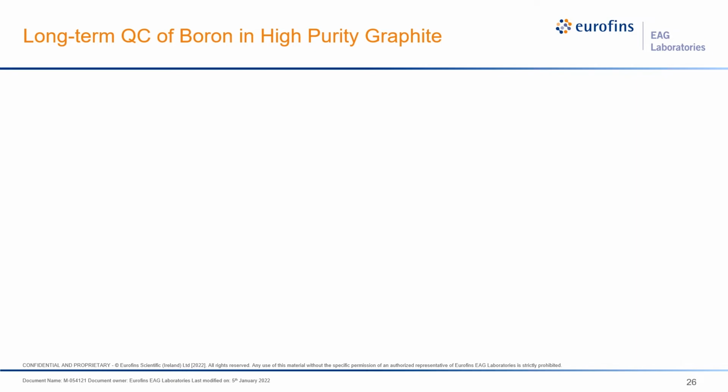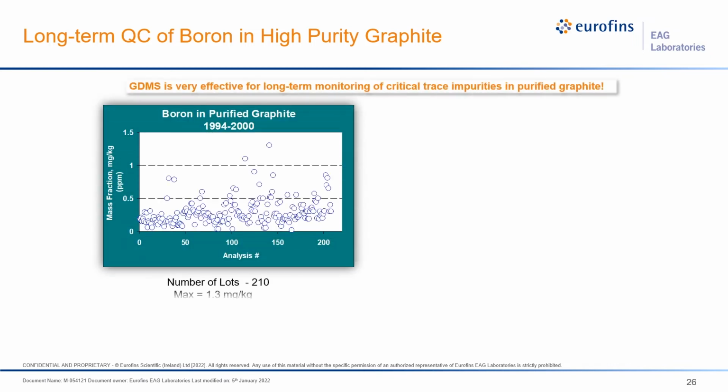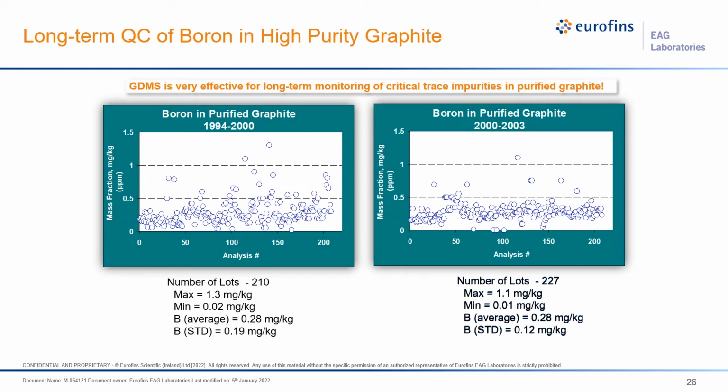Regardless, we have been using GDMS to do high purity graphite analysis. Here is an example to show how excellent a long-term precision and reproducibility we can achieve. Here it shows purified graphite produced from 1994 to 2003, a decade of samples, and we want to monitor boron, which is at trace levels.